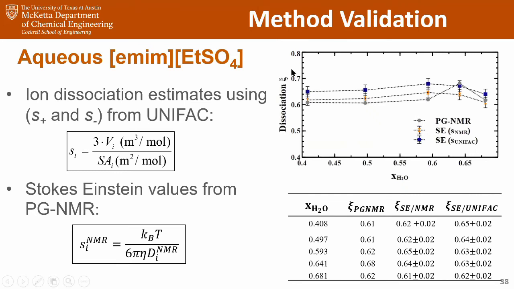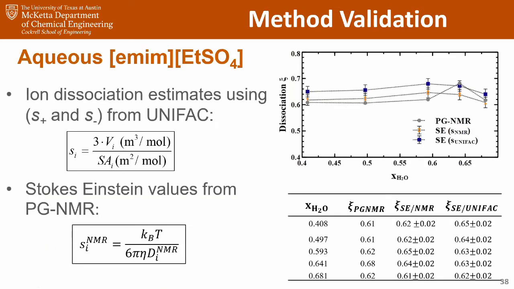And so here, I've got a little more on here than you want to know, but if you do the calculations from the Stokes-Einstein version that I've been describing, which is the one in the middle, you can see that both quantitatively and qualitatively, we get the same values as you get from using the NMR diffusivities.